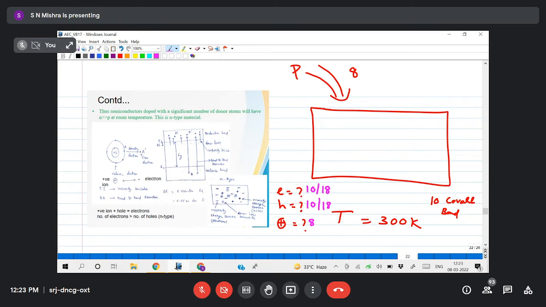You contain everything into that only. Anyone who agrees this, 18 holes and 10 electrons will generate? Can you explain?